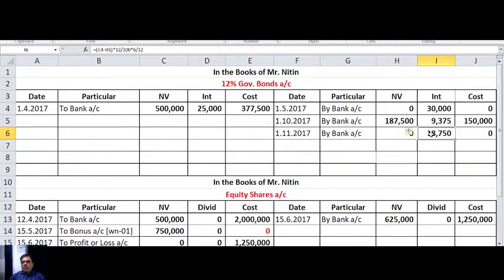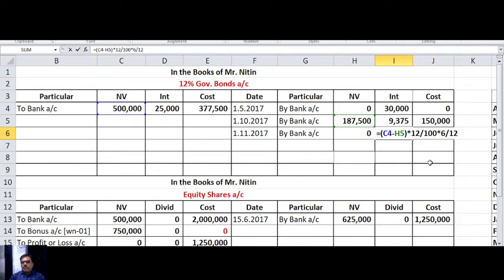And now how did I calculate this amount, this C4? C4 is 5 lakh minus H5, 1,87,500, multiply by 12 divided by 100, that is the rate of interest, and here multiply by 6 divided by 12, and that comes to 18,750.